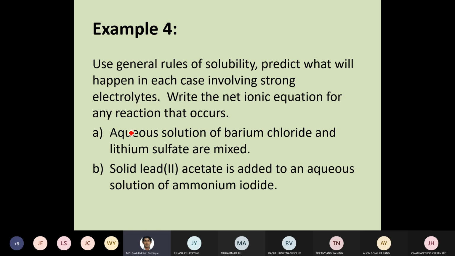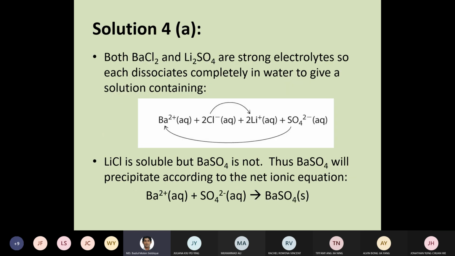Barium chloride, an aqueous solution of barium chloride and lithium sulfate are mixed. I'm not going into much detail on it; I'll go to the oxidation-reduction reactions soon. So barium chloride and lithium sulfate: barium chlorides are soluble, right?